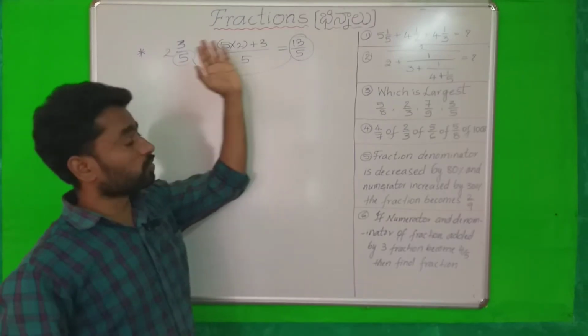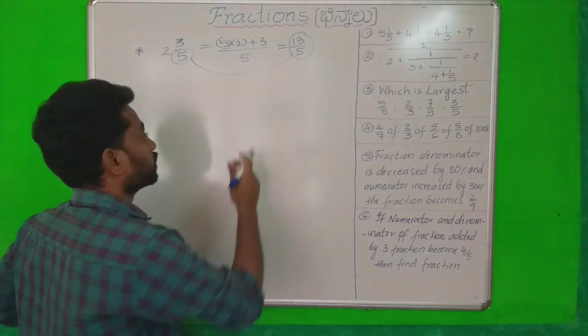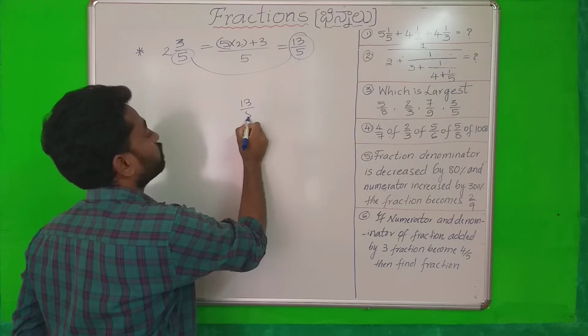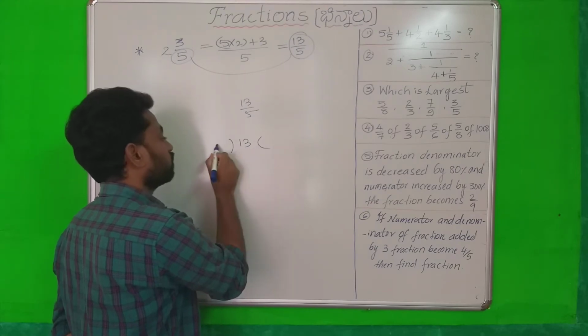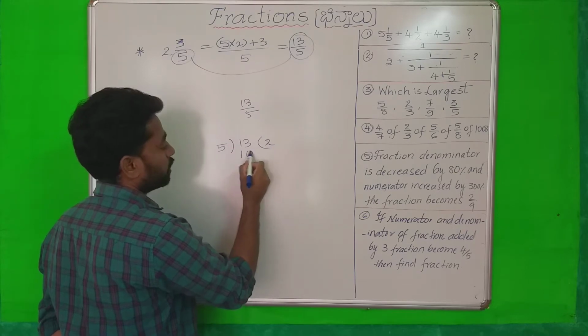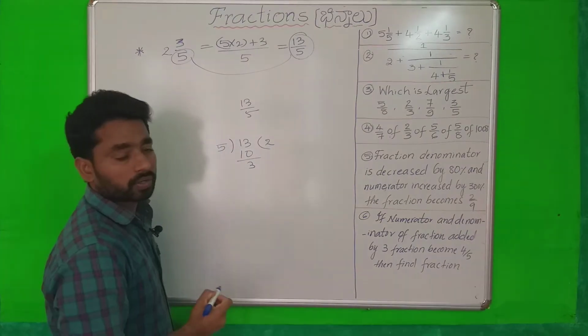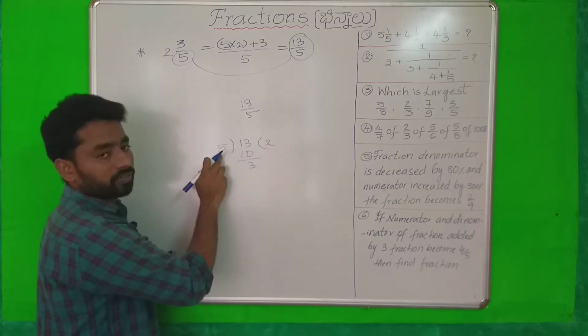So a mixed fraction we can convert into improper, and an improper also we can convert into mixed. How can you write mixed? I am converting 13 by 5 into mixed. Divide 13 by 5. 5 twos are 10, remainder is 3. Now how do you write it? Quotient, remainder by divisor.